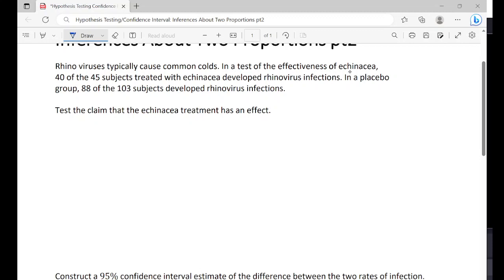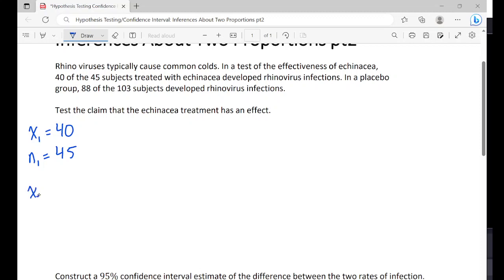First off, let's get the information out of the problem. In the first group, we have those that were treated with echinacea. So we have 40 of 45 developed rhinovirus infections. So our x1 is going to be 40, and n1 is going to be the total number of people in the first group, which is 45. In the second group, the placebo group, 88 developed a rhinovirus infection.